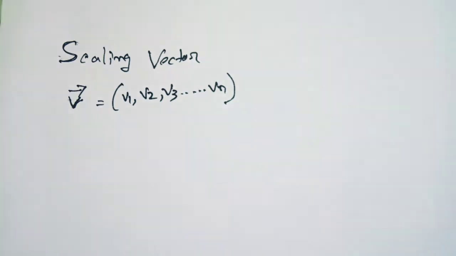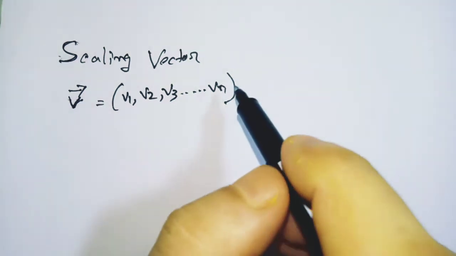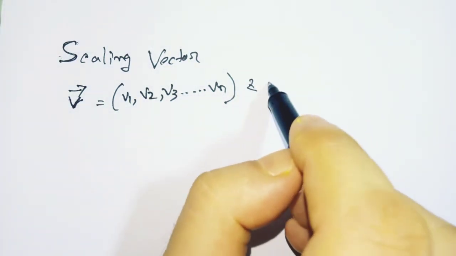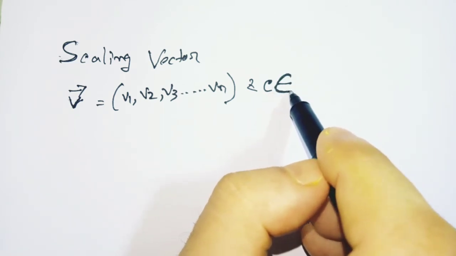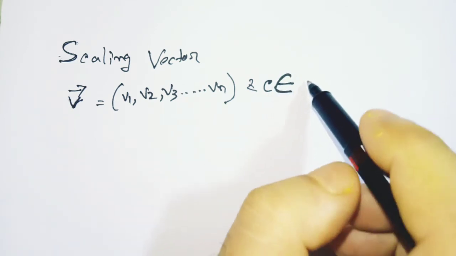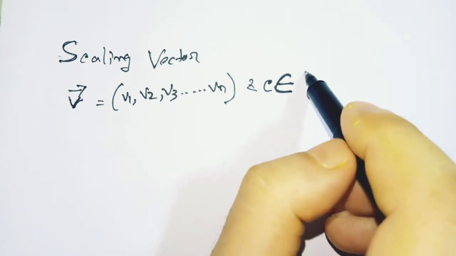Definitely I can write that if a scalar c belongs to, this is a symbol of set theory, it includes R.